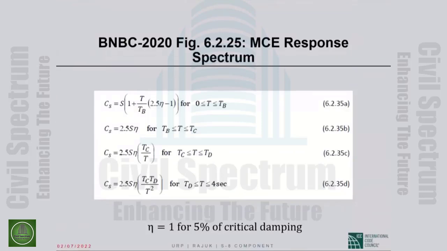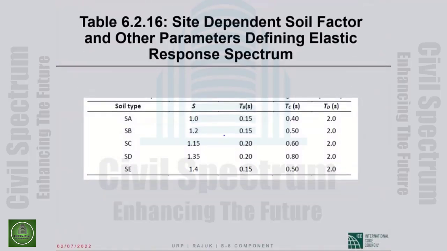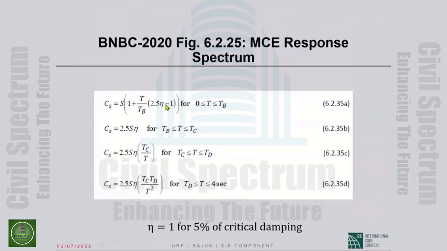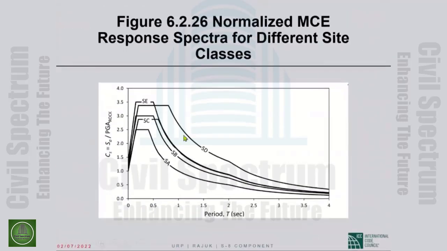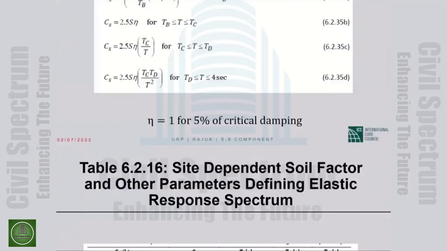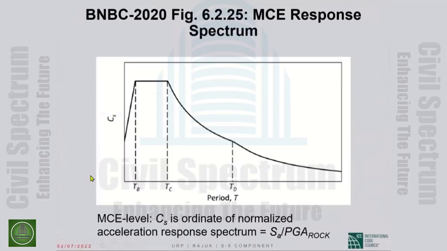You have seen these equations defining the BNBC spectra. You have seen this table that gives us specific values for the numbers we need to plug in here: the S value, what T sub B is, what T sub C is. So with those equations and the table, we can construct the BNBC spectra that you saw a minute or two ago. Okay, I hope you are following me. This is the generalized spectral shape.